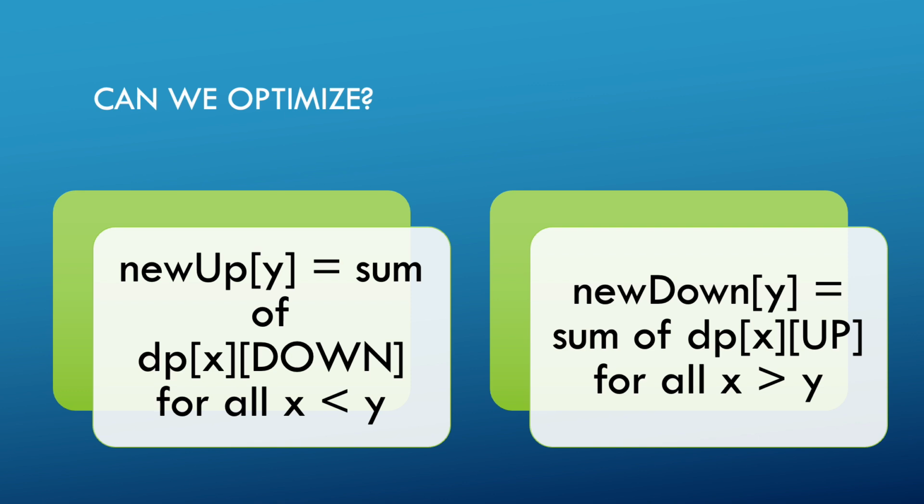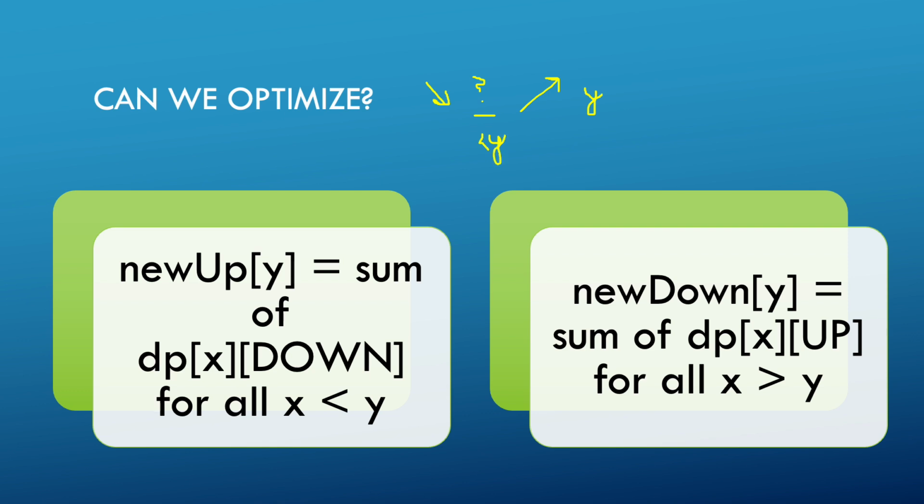Okay. Now can we optimize? Yes, we can. Let's say there was an up move. And this is like element y. And we know there was an up move. So we'll know that there was a down move previously, correct? And there would be numbers here. So what numbers could be here? If there was an up move, these numbers can be less than y, correct?